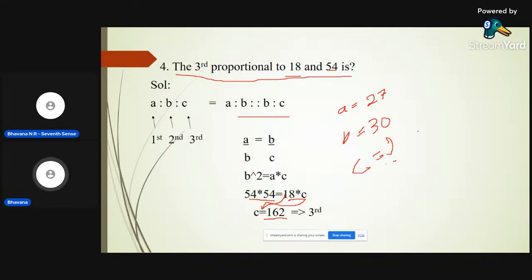So what is the answer for this C value? What is the answer for this? Just comment it now. Yes, it's 33.3.